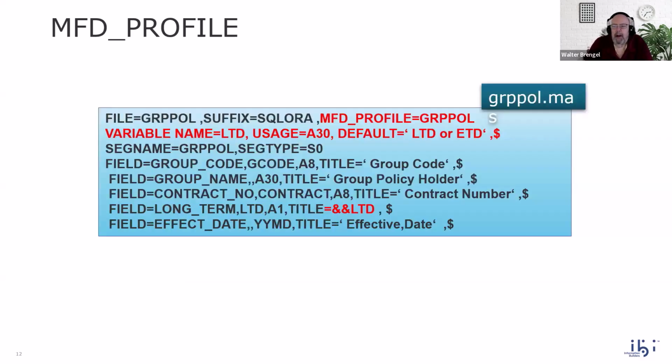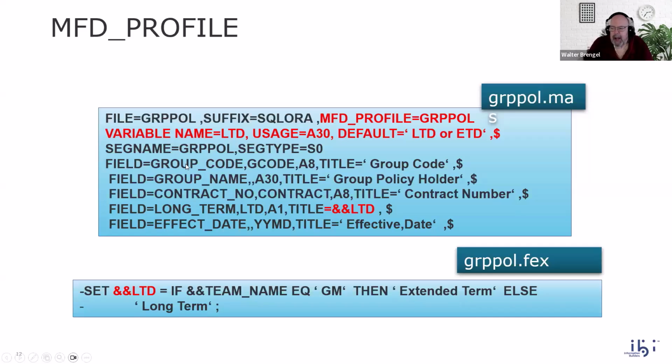So here's a sample master synonym. We have group policy, SUFFIX equals SQLORA, and MFD equals GRPPOL. Notice we have a variable name called LTD, and it's defaulted to LTD or ETD. And then we're using that as the title for the long-term field name.